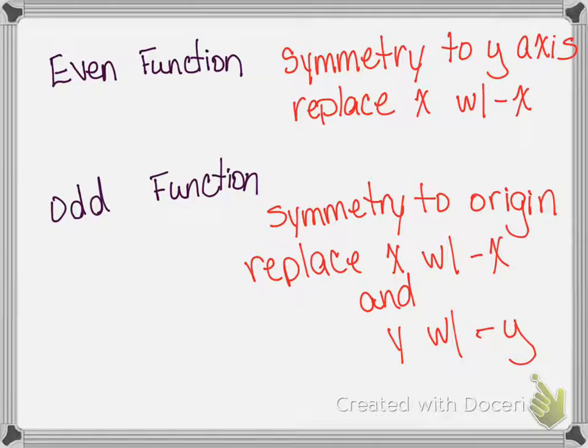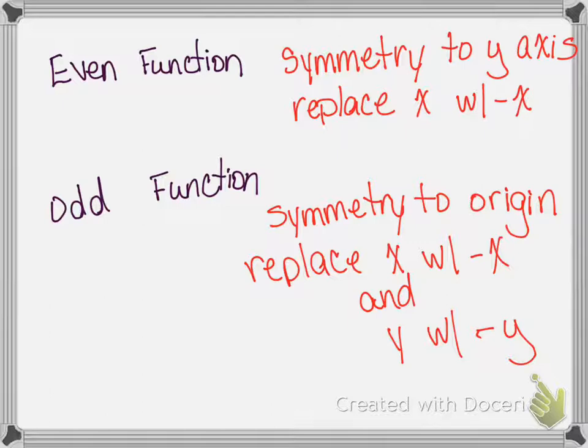The reason we've left this out is it does not pass the vertical line test. If it does not pass the vertical line test, what's it not? It's not a function. So the reason that symmetry to the x-axis does not have a special name is because we aren't even dealing with a function, so we throw this out completely.